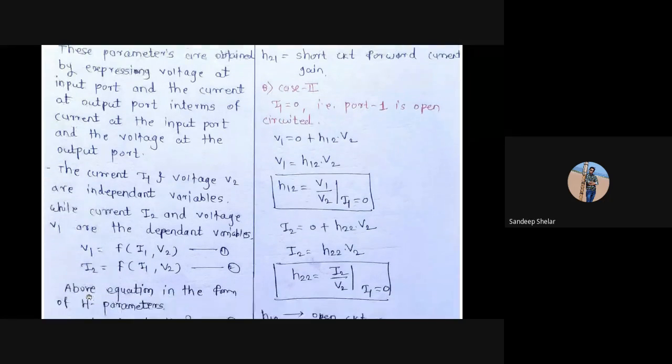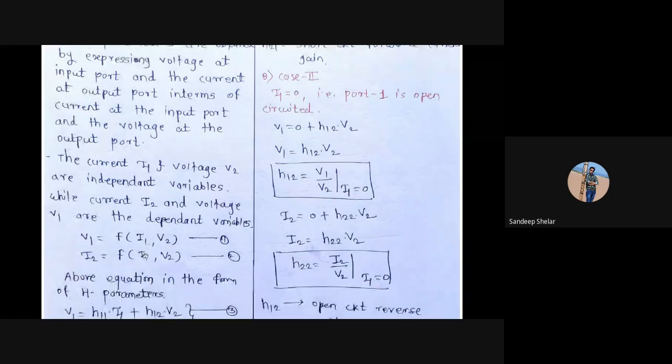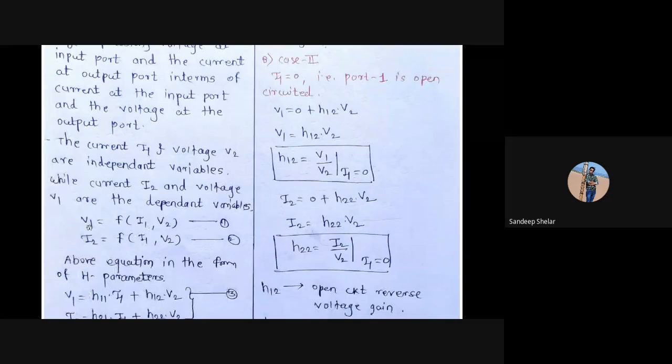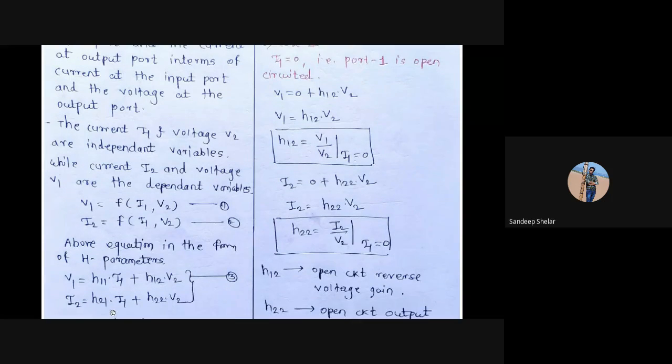Now the above equations in the form of H parameter: V1 is equal to H11 into I1 plus H12 into V2, that is equation number 3. Then I2 is equal to H21 into I1 plus H22 into V2.